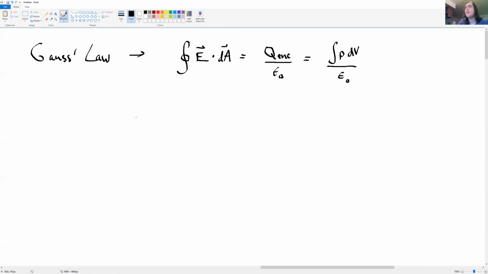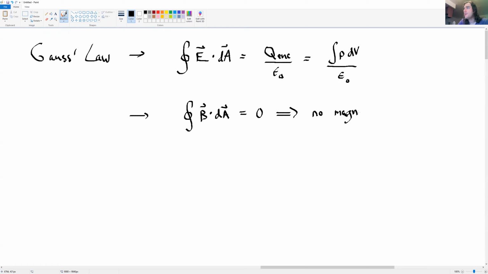Then we have a no-name equation: the integral over a closed surface, again the closed surface flux, B dot dA, is always equal to 0. This equation implies that there are no magnetic monopoles.